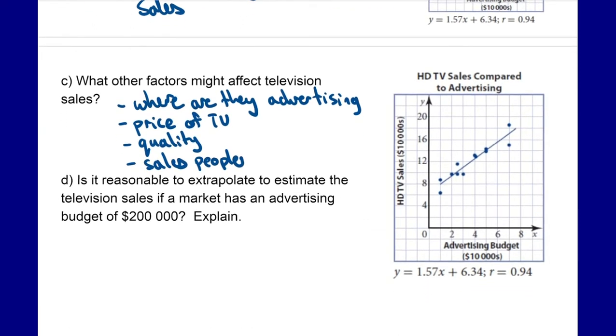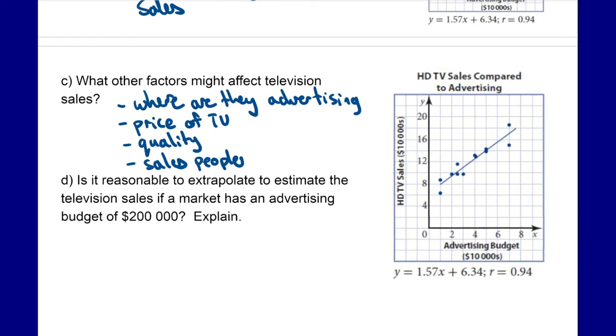Is it reasonable to extrapolate to estimate the television sales if the market has a budget of $200,000? Would it be reasonable to make a prediction for 20, or $200,000, all the way down the line, where we see the line kind of max out at 8?